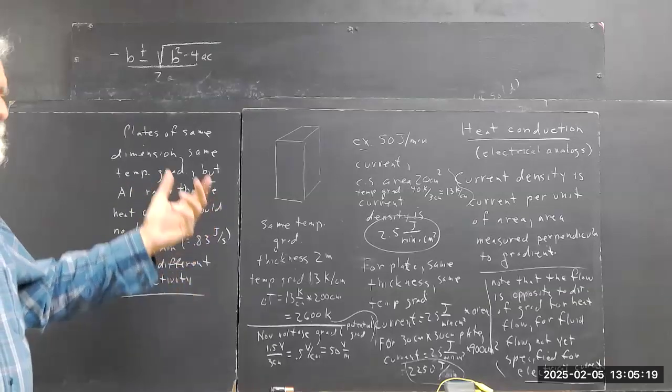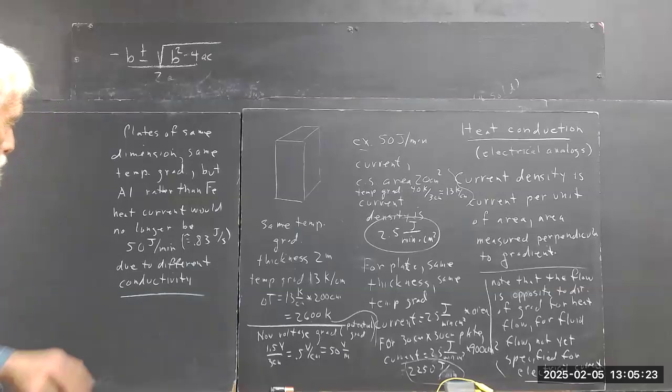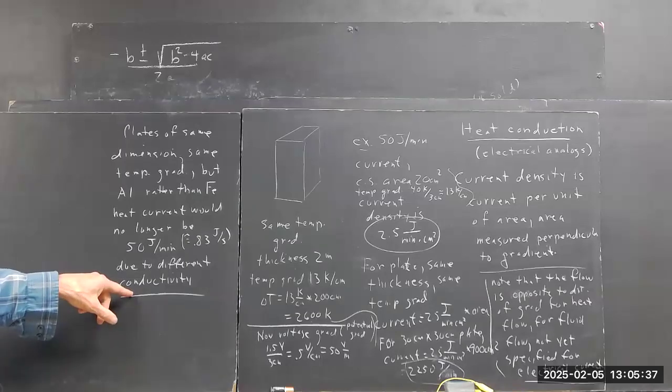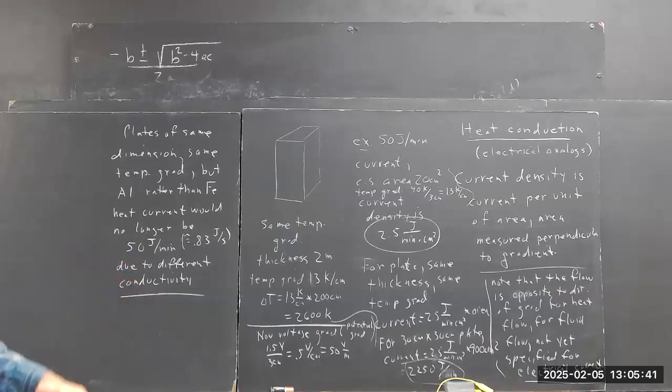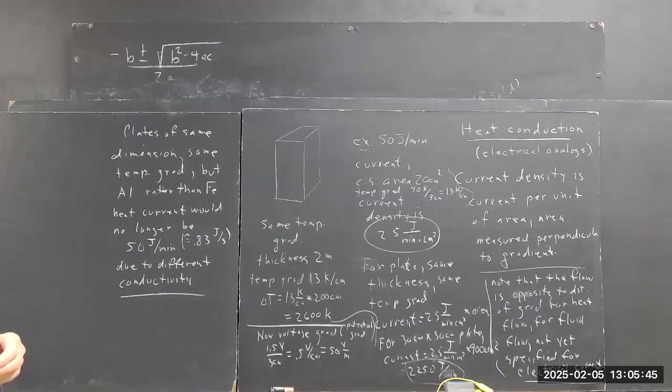Second place, I have a pretty limited budget, okay? But it would be possible to do. So you get this idea of conductivity. The greater the conductivity for a given geometry, the greater the flow, okay?